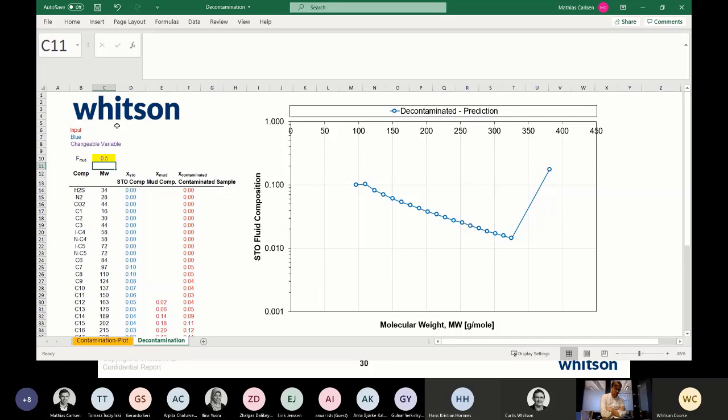You can have any distribution. In the software we use, Spacecom, you can do this decontamination calculation, and it tries to find the value of f of mud that gives a distribution that follows a gamma distribution model.